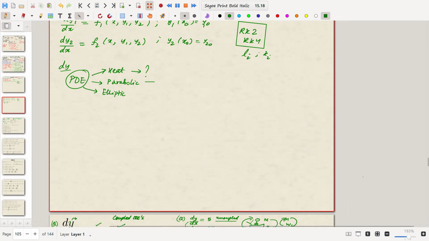How to solve a parabolic PDE? What numerical methods are there for elliptic PDEs? What is the Crank-Nicolson method? All these things we will see. How to divide the domain into grids and solve. So that will be the PDE methods we will discuss. And that is it: ODEs and PDEs.